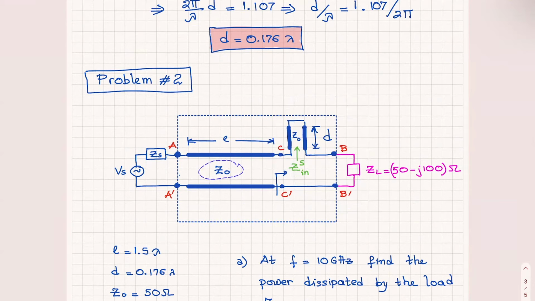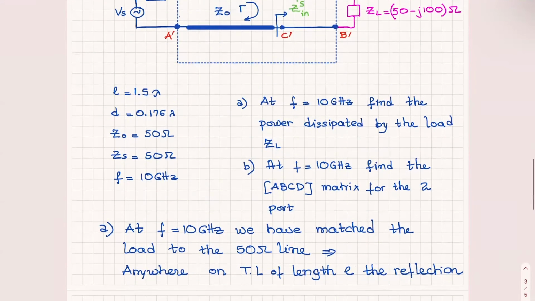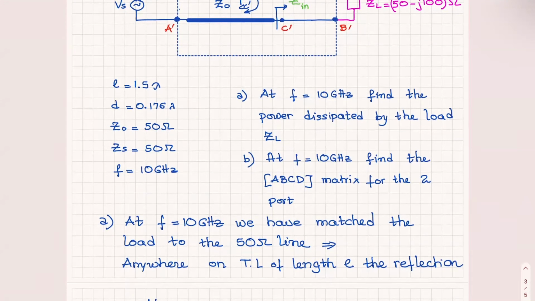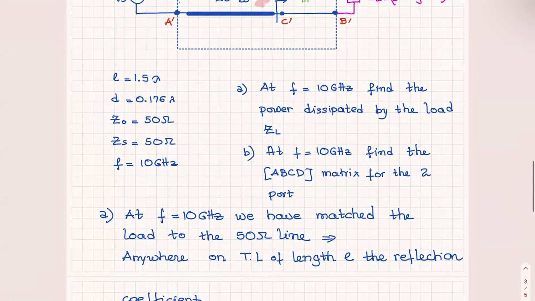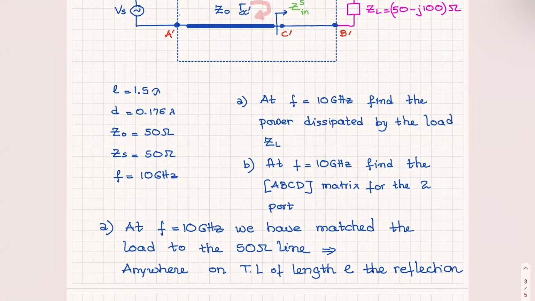And because all of this is matched to the line, that implies that the reflection coefficient gamma at CC prime is 0.